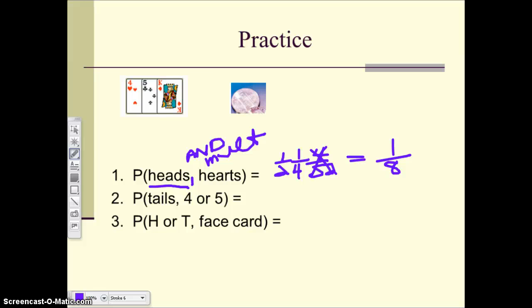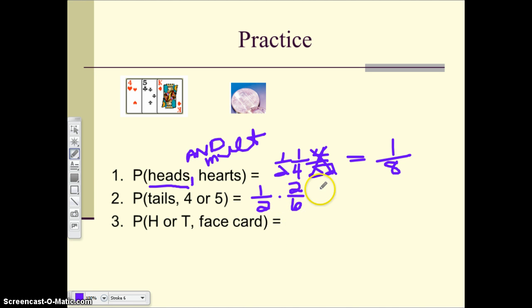Okay, what is the probability of flipping a coin and getting a tails? 1 in 2. What is the probability of rolling a dice and getting a 4 or a 5? Well, that's 2 possible outcomes of 6. 2 of what we want, a 4 or a 5, out of 6 outcomes.